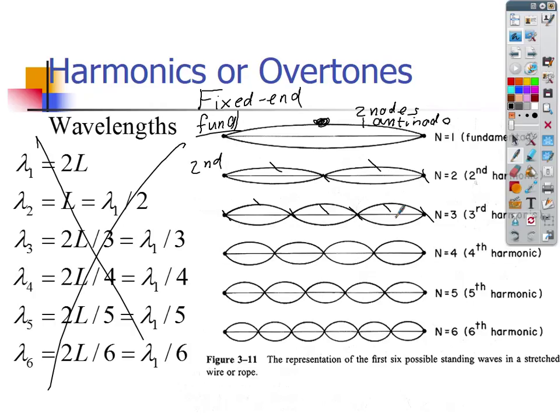There are a couple different ways you can identify the harmonic number if I show you a picture. Obviously you can memorize it, but you can also look at nodes and antinodes. First off, with this situation, there is always one more node than antinode.